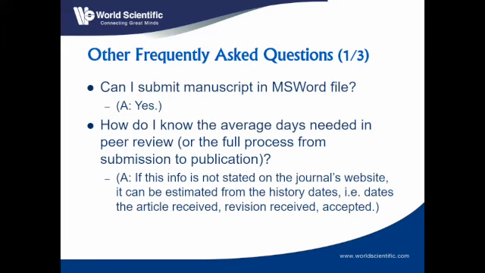If it's not available there, you can estimate from the history dates: browse through the papers in that journal and see the dates. Usually the journal will include the submission date, acceptance date, and the publication date. From there, you can see how long it takes to do the peer review and how long it takes to do the production. You can have an idea of the timeline.